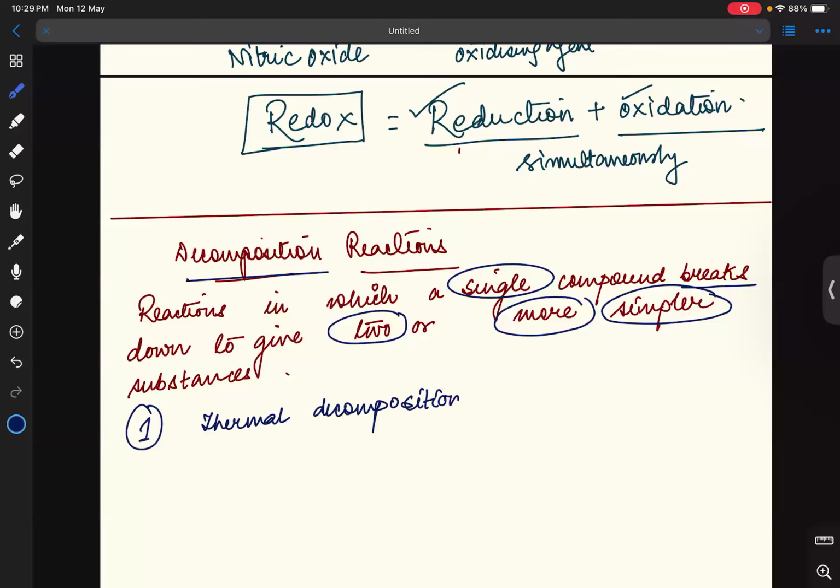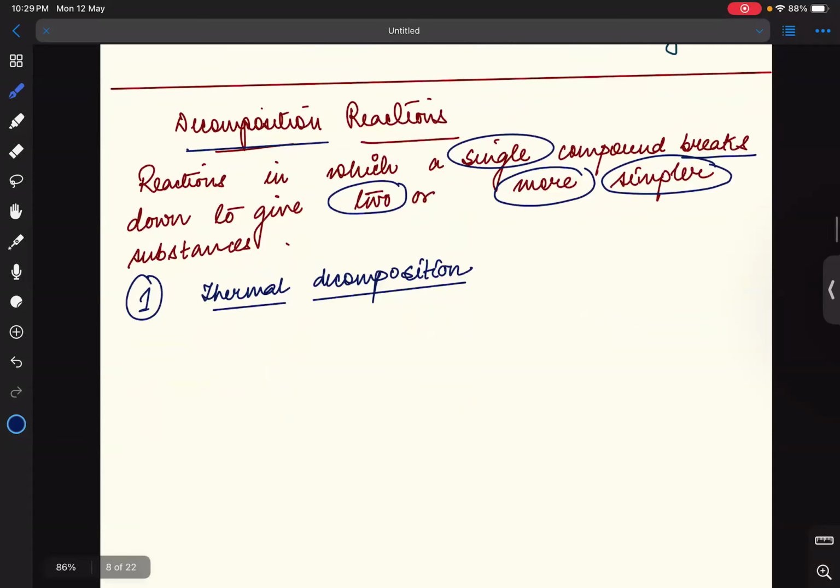Are we going to read those salts, carbonate, nitrate, sulfite in this? Since I have already done separately the breakdown of nitrates and the breakdown of carbonates, I'll not repeat that because you already have the previous notes of that portion.